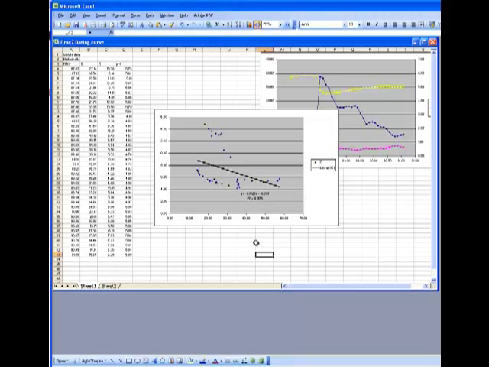So we need to think through now about the relationship, and how might we improve the relationship, and what does that tell us then about the processes that are actually going on.